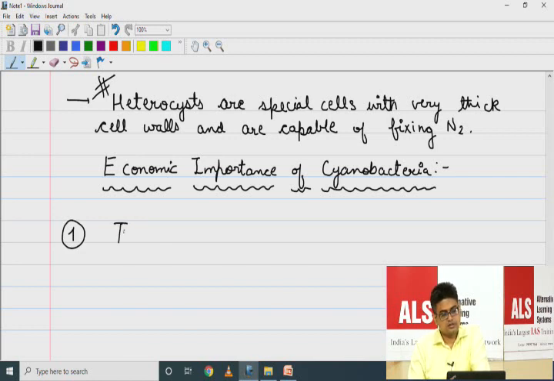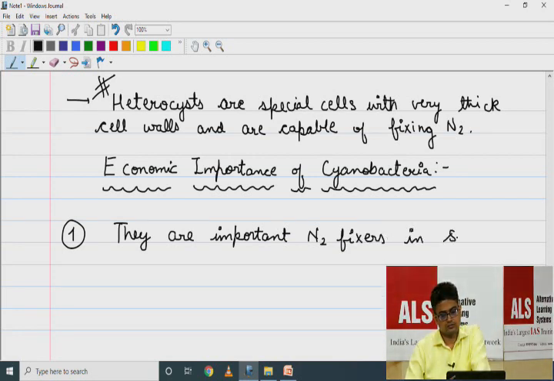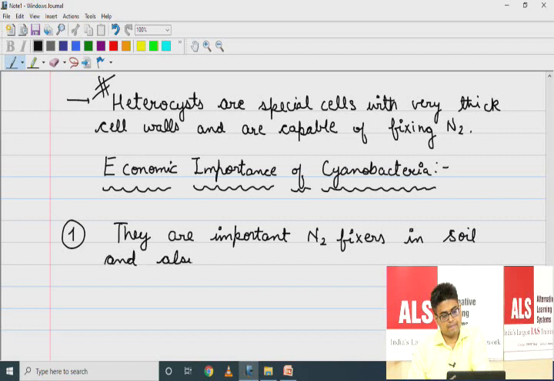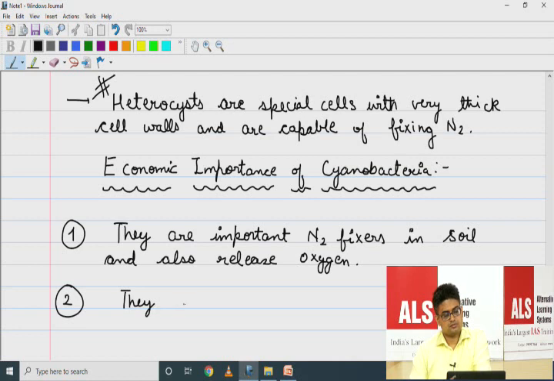First point is they are important nitrogen fixers in soil, and also release oxygen, so they are photosynthetic nitrogen fixers. Second point is they can acidify the soil in which they are growing.